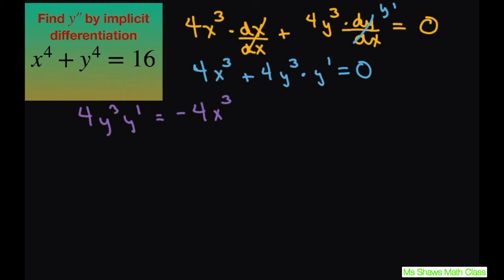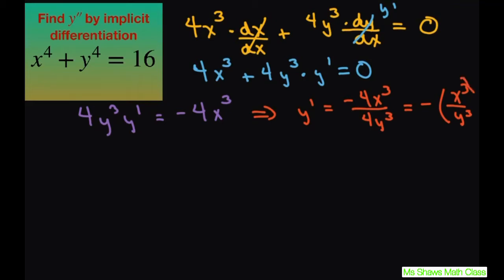Divide both sides by 4y cubed, so you get y prime equals negative 4x cubed divided by 4y cubed. So this equals negative, and I'm going to put the negative outside, x cubed divided by y cubed. So that's your first derivative.